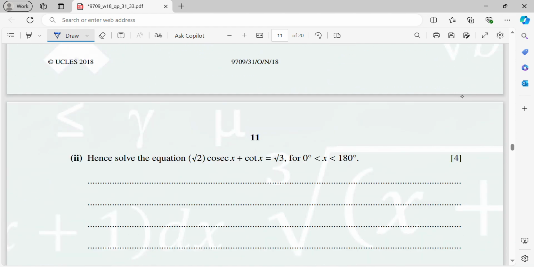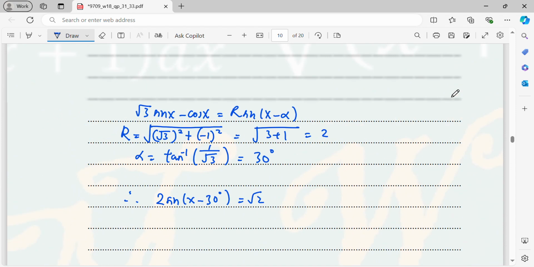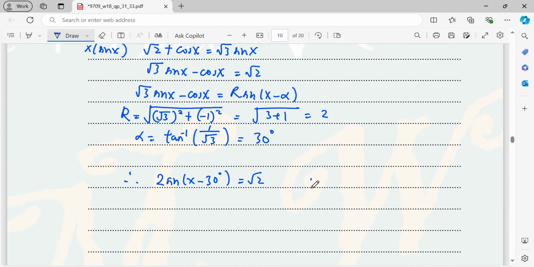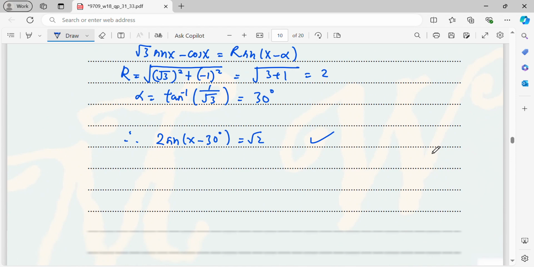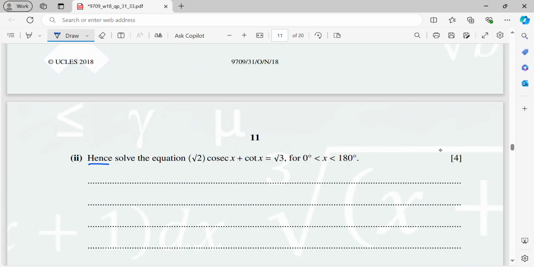Now part 2, hence solve the equation. So exactly the same equation for x from 0 to 180 degrees. So now I will just copy the previous solution. That is 2 sine(x minus 30 degrees) equals square root 2. So we are solving this.